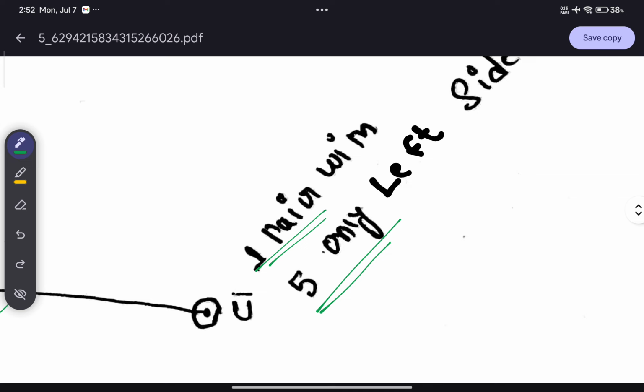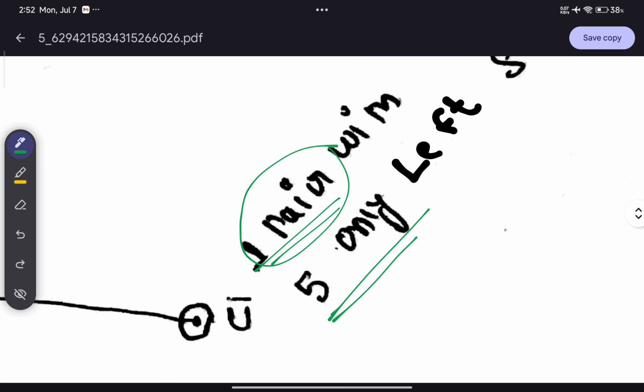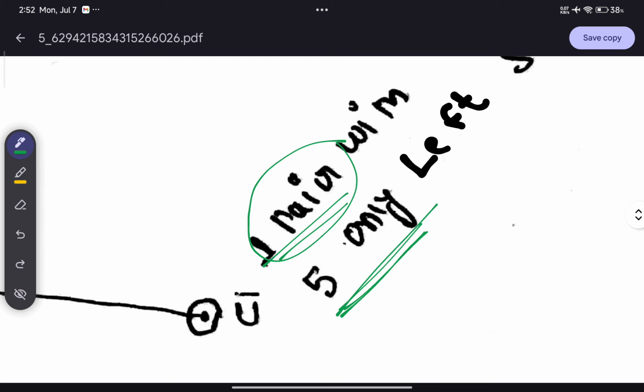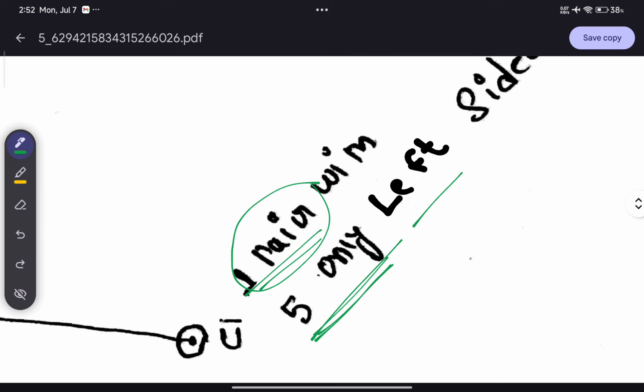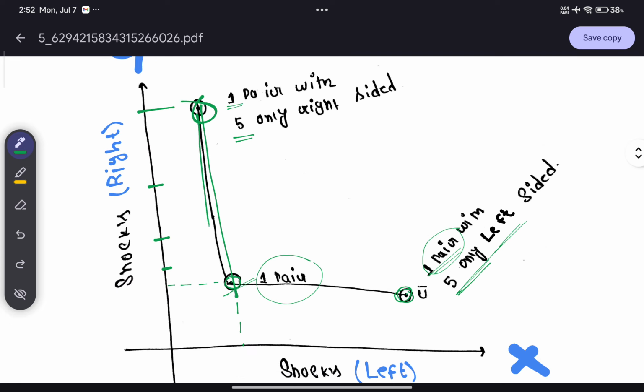This also gives us the same utility as initially, because only this one pair of socks is of use and these 5 are not of any use unless we have the same number of right-sided socks. By joining these lines, we derive the utility graph of complementary goods.